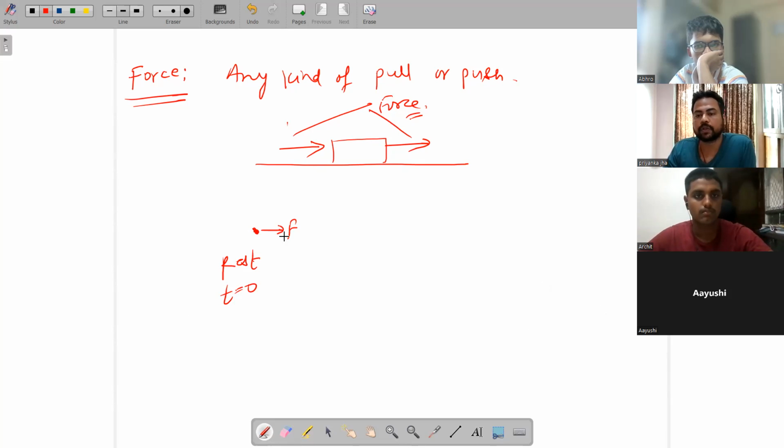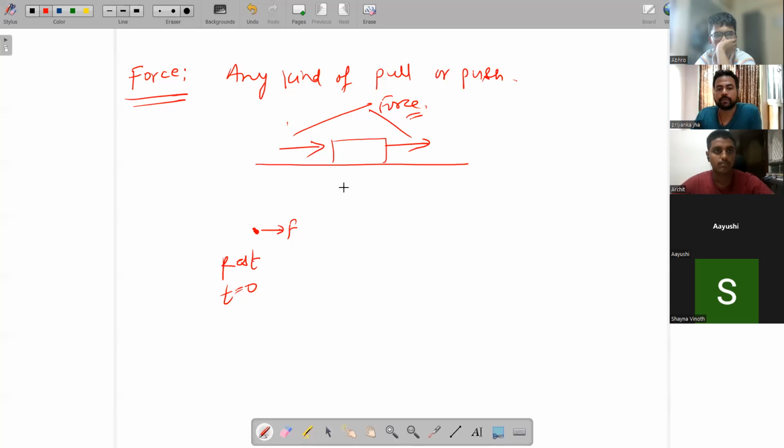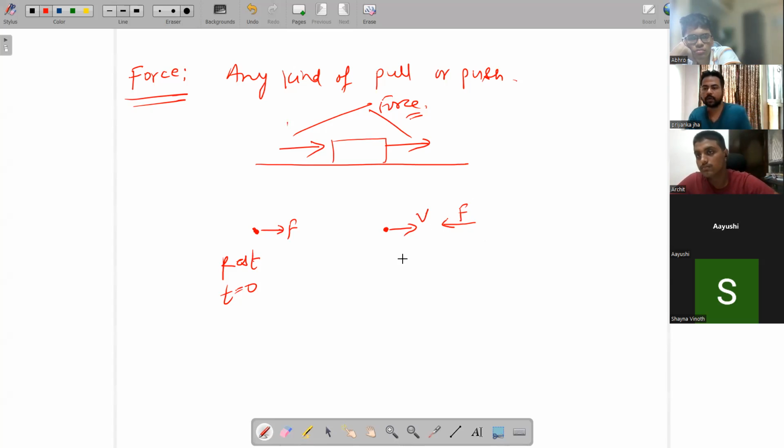Okay, and if you apply force on this body, this force will bring this object in motion. Or if any object is in motion, suppose in this direction, and if you apply force in the opposite direction, then depending upon the magnitude, we are considering right now that the force is sufficient, so this force will stop this object.